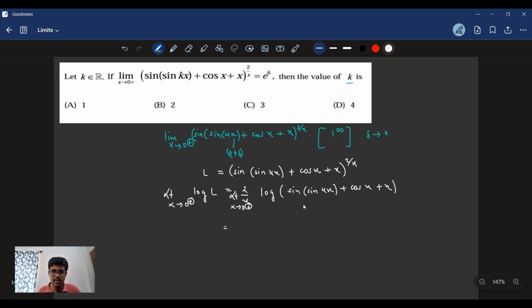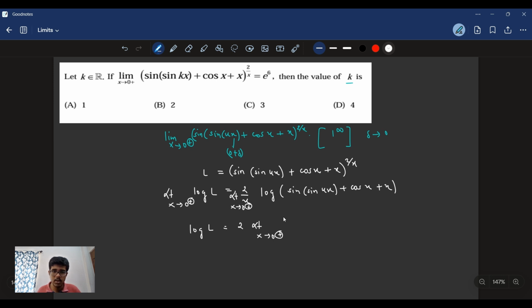So here we have this 0 by 0 form, which is pretty important. And you can also see that on the left hand side there is no x present, therefore I can write it directly as log of L, and put this outside of this limit x tends to 0 plus.